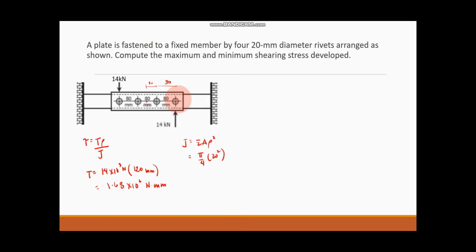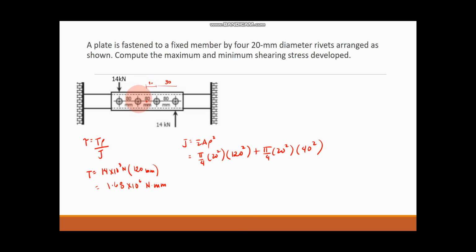So dito muna tayo mag-focus at this bolt. Rho is the distance to the center of gravity, which is 120 squared. And the next one, dito sa bolt na to, plus pi all over 4 of 20 squared, and then 40 squared.